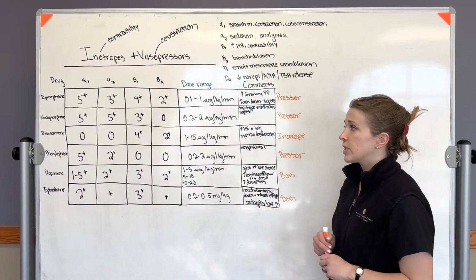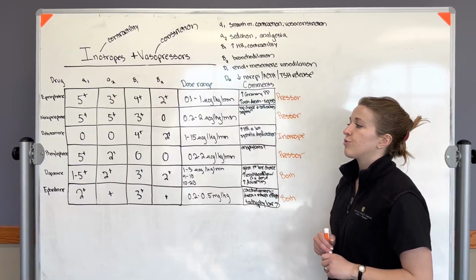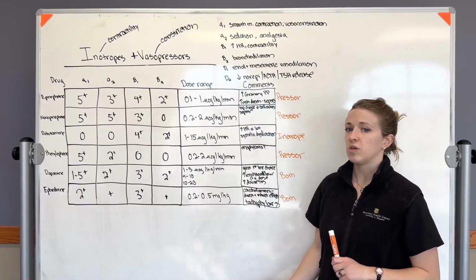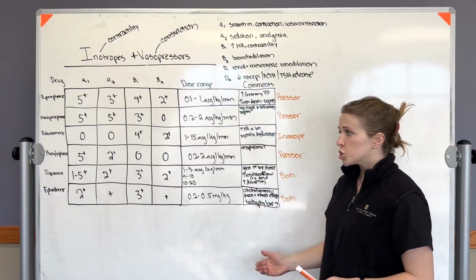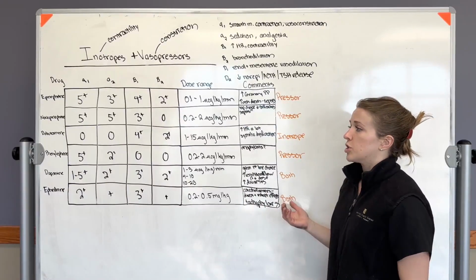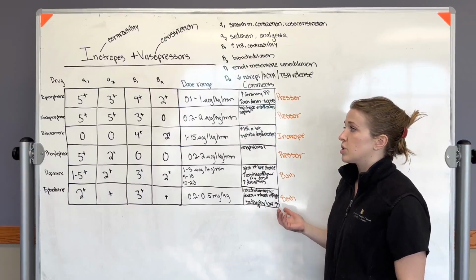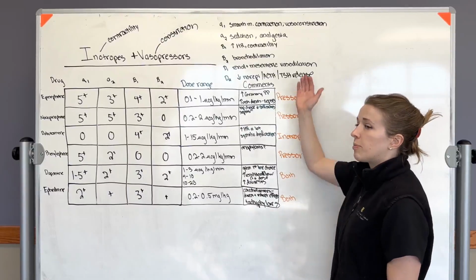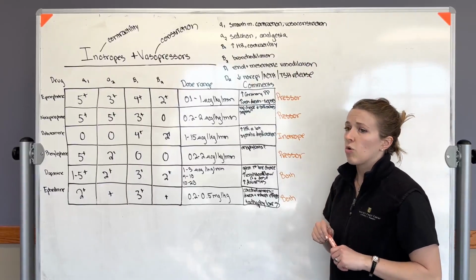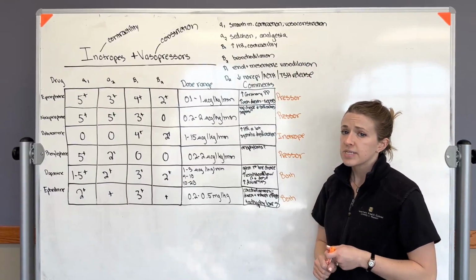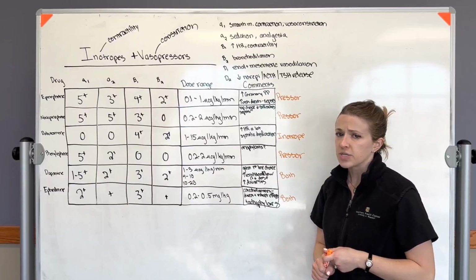The first thing I want to talk about before I go through all the different types of drugs that we use here are the receptors that the drugs work on. There are a bunch of different receptors, so I'll talk a little bit about their function. These drugs work on adrenergic receptors, so alpha and beta receptors.